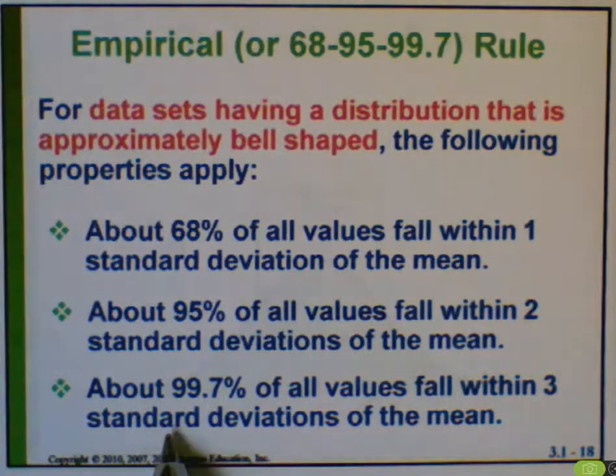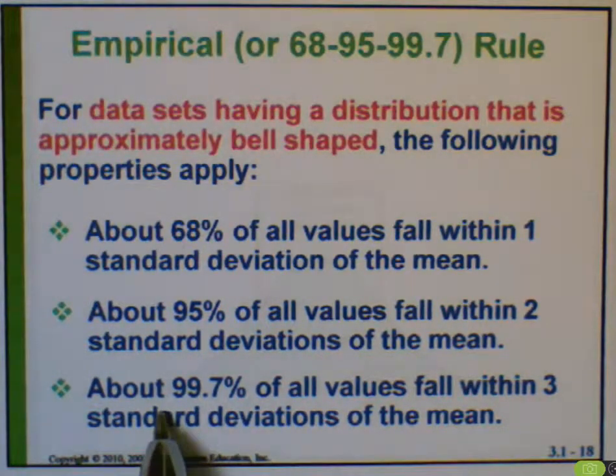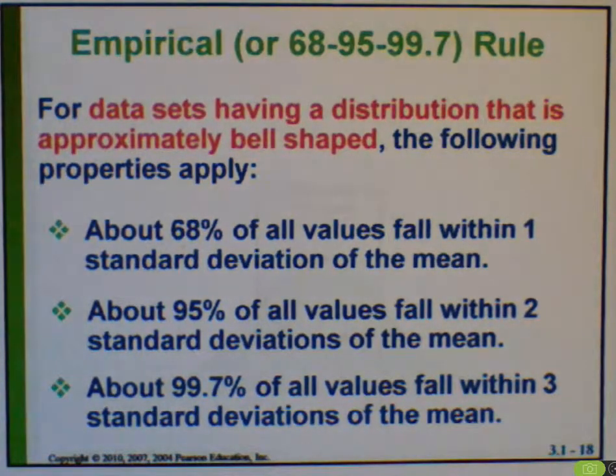In other words, if you find someone who is beyond 3 standard deviations below the mean or beyond 3 standard deviations above the mean, that is really, really unusual because 99.7% of all values fall within 3 standard deviations of the mean.